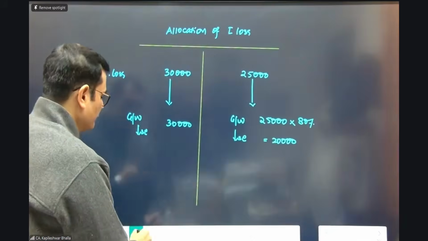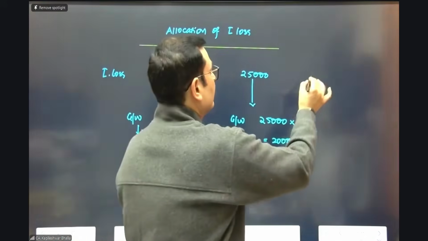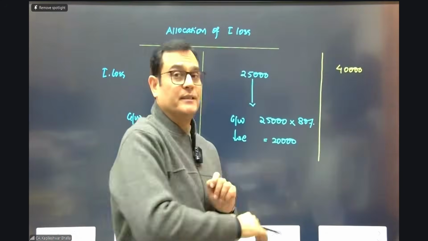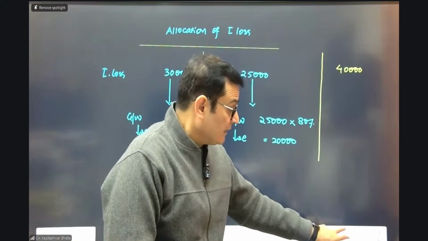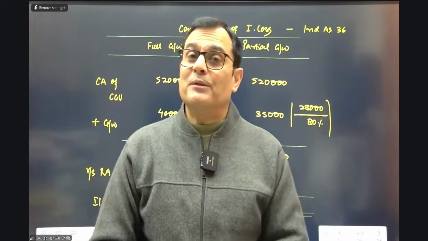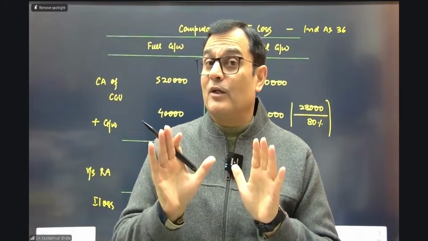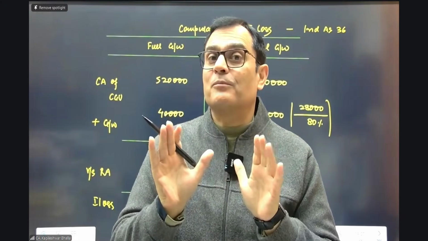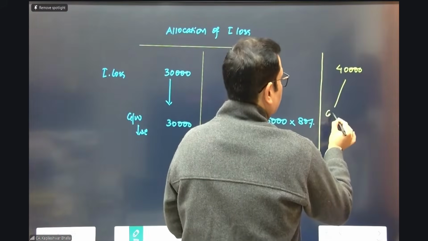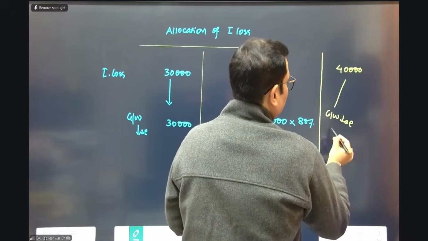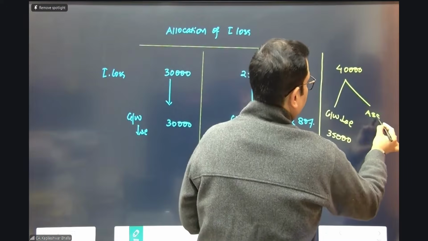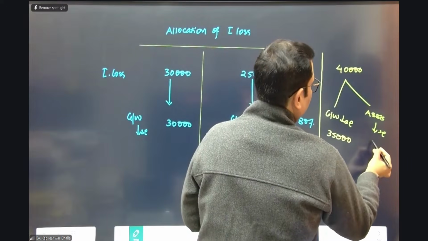Now, let's assume that the impairment loss in this case would have been 40. Then let's see the interesting part. Now, if the impairment loss is 40, it exceeds the grossed up goodwill. So what are you going to do? See what you're going to do. I will decrease the goodwill to the extent of 35 and I will decrease the assets to the extent of 5.